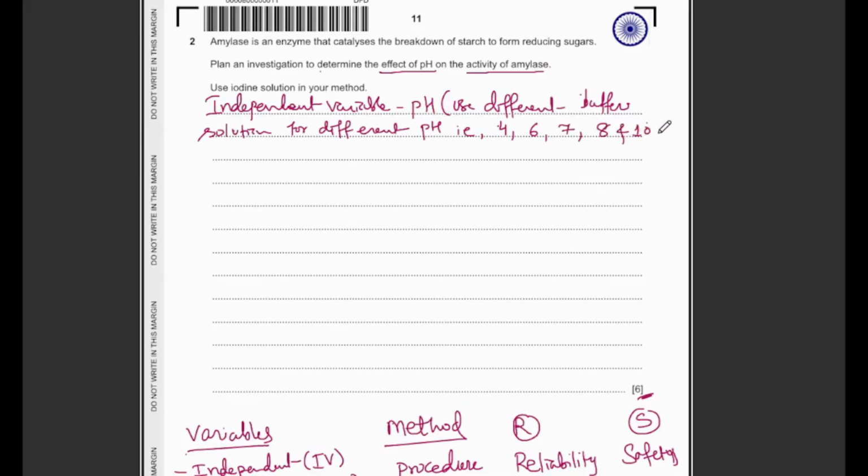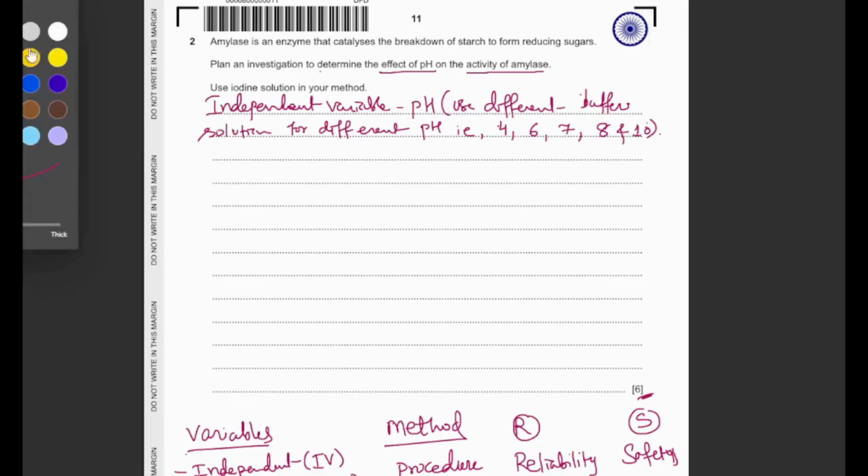Okay, that's what. Second point, so this is done, independent.